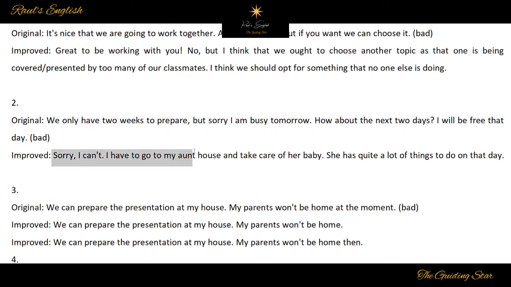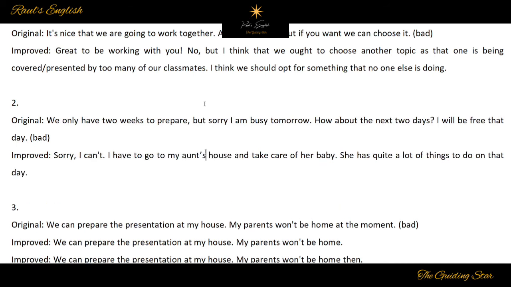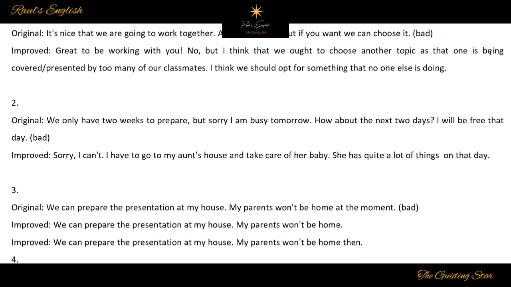I have to go to my aunt's house to take care of a baby, or to babysit my nephew or niece. She has quite a lot of things planned to do. So I'm saying she scheduled or planned.